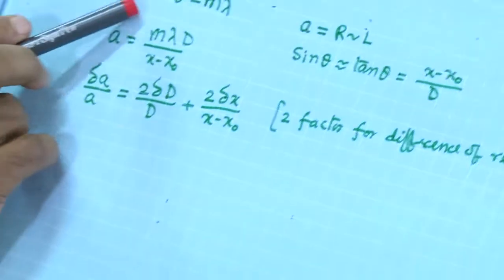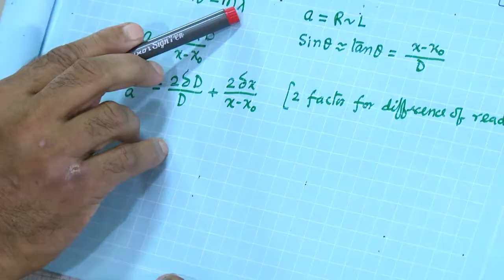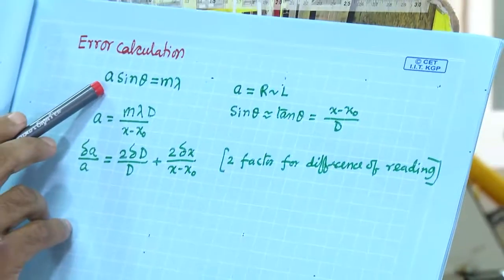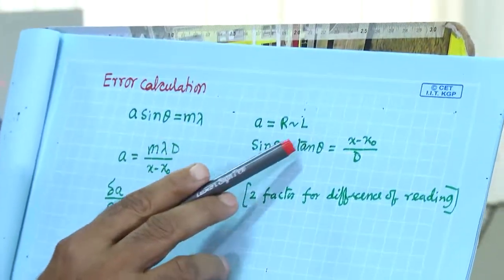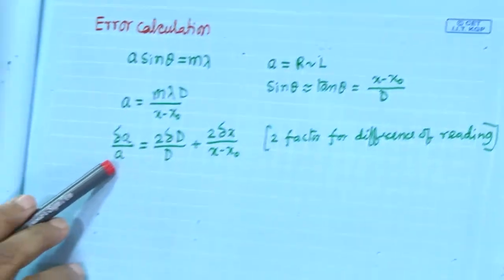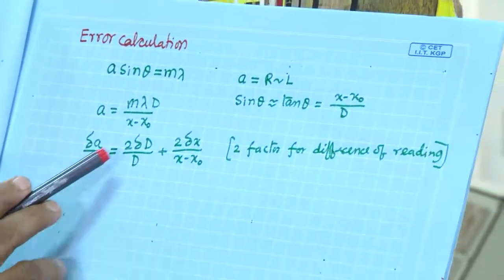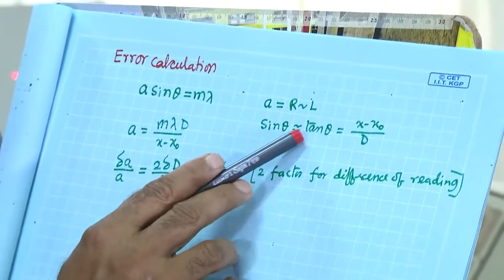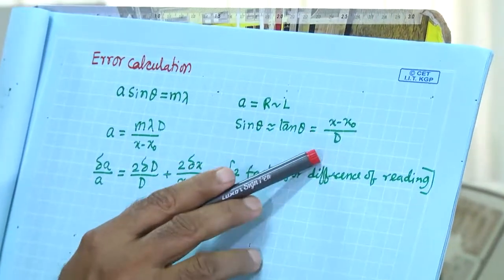Okay. And the error calculation for this is very simple. a sin theta equal to m lambda. a is basically the difference of two readings, R minus L, and sin theta is basically (x minus x0) by D, as I told.